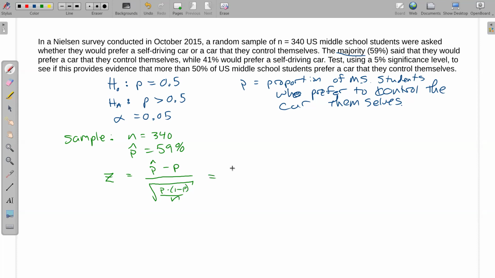In this problem, we take our p hat, which is 59%, minus our null hypothesis, which states 50%. Then we use the null hypothesis to set up the standard error: 50%, 1 minus 0.5 is another 0.5, divided by the sample size, 340. That's going to be our z-score. Then we'll use a special normal distribution calculator to find the p-value.